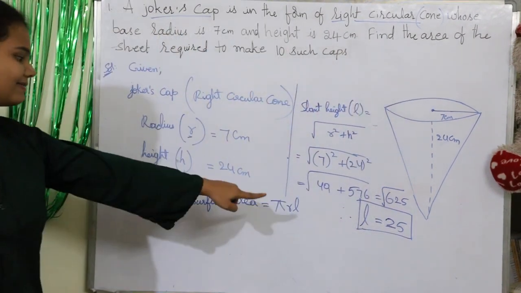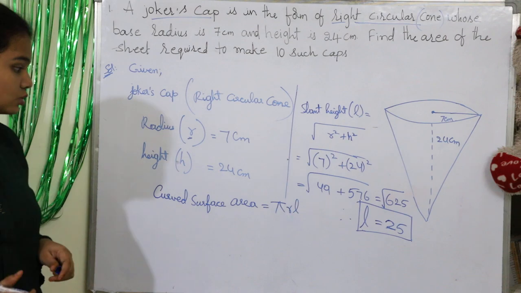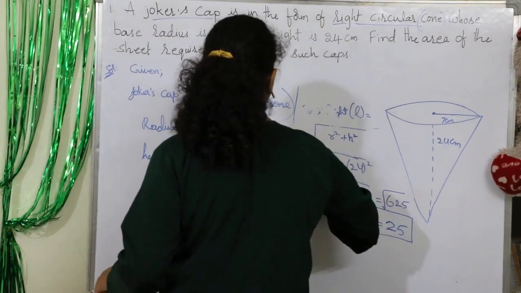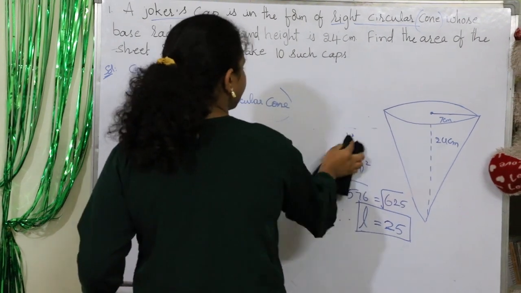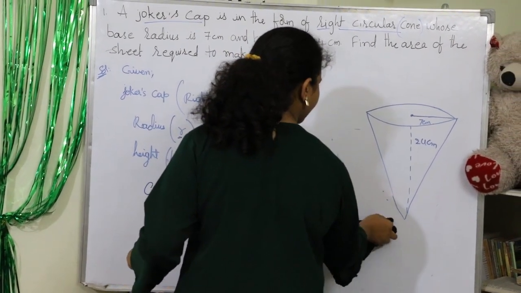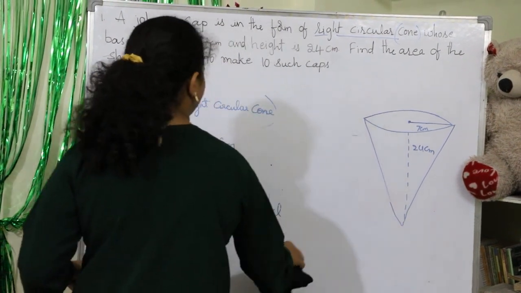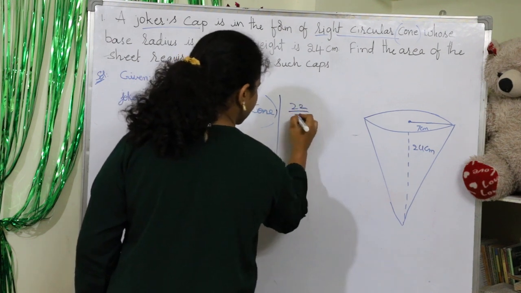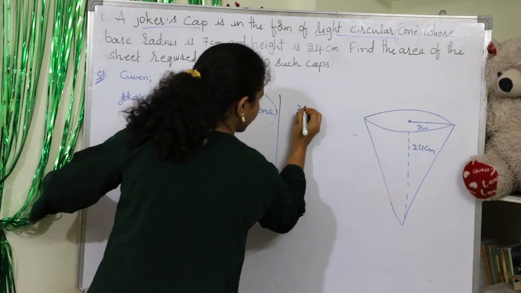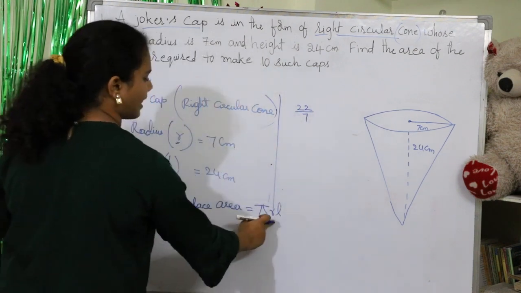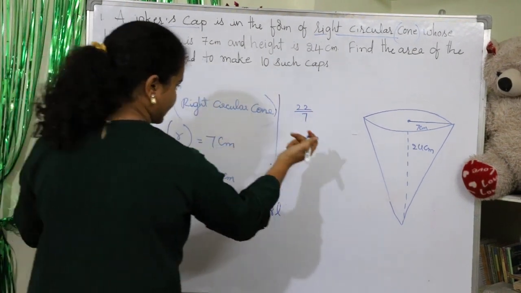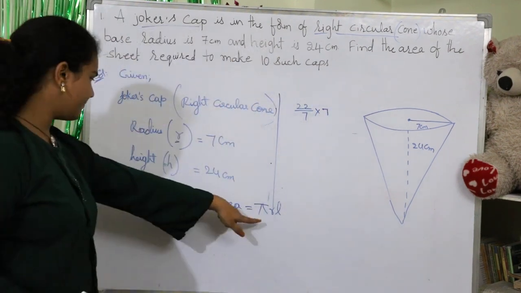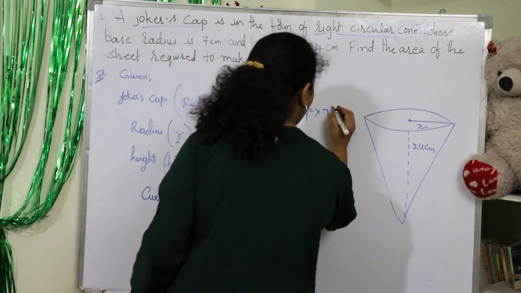Then we got the l value, and we have the pi value, so let's substitute these values into the formula. The formula is pi r l, where we take pi as 22 by 7, r is the radius, which is 7, and the l value is 25, as we have solved.